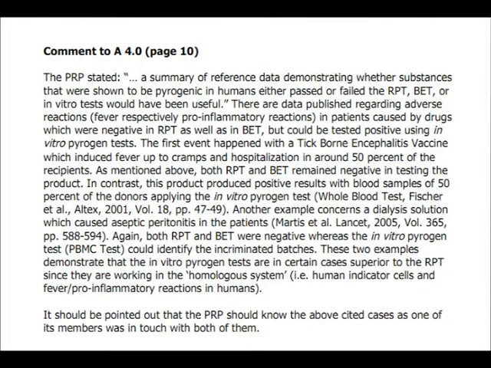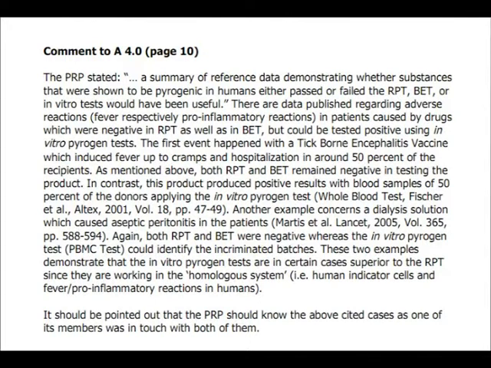It reads, the PRP, which is the peer review panel, stated a summary of reference data demonstrating whether substances shown to be pyrogenic in humans either passed or failed the rabbit test or the horseshoe crab test, or the in vitro test would have been useful. Absolutely crucial, I would have said.